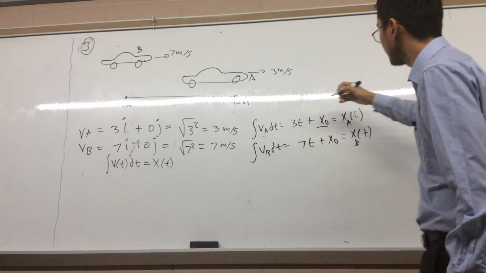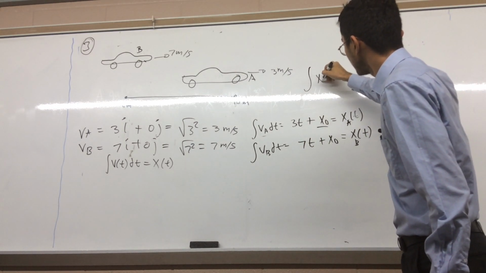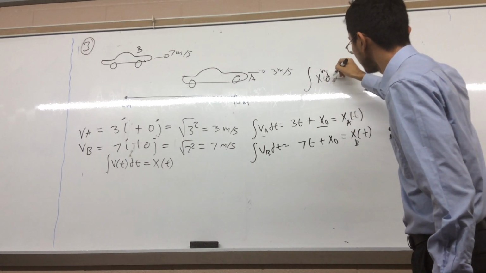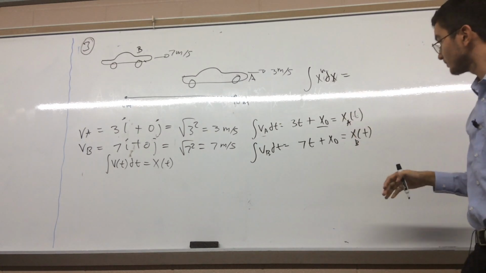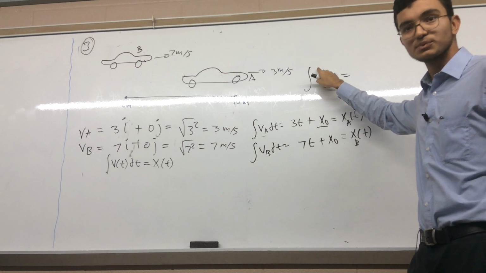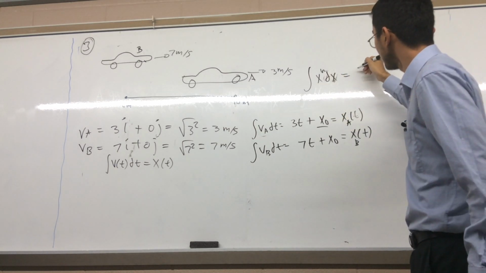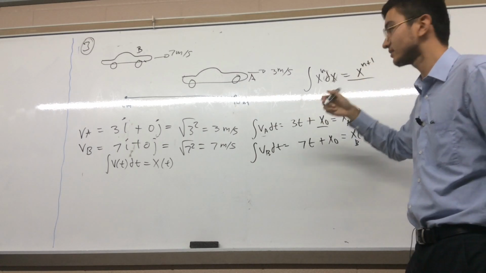So when you integrate, let me put it over here. When you integrate x to the power of n dx, because we're integrating in terms of the variable x, you have to add 1 to the exponent. So that's going to be n plus 1, and then you divide by the exponent that results from it.